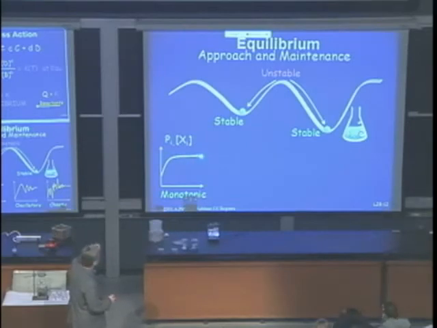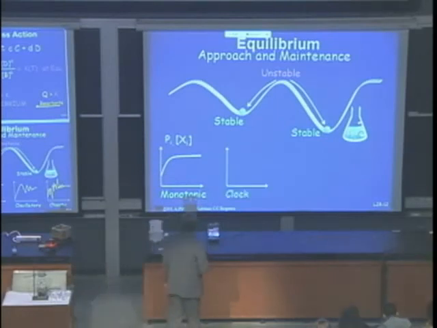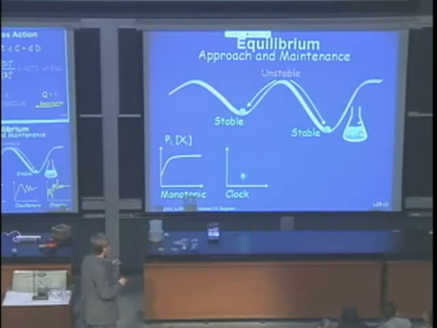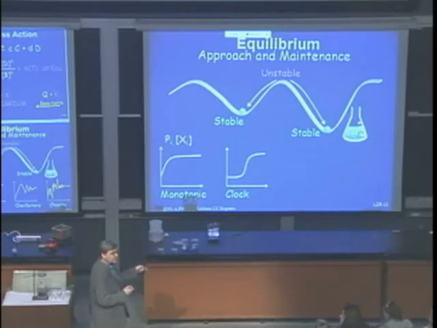So then the concentration doesn't change anymore, and this was essentially the reaction we just discussed. We could also have a clock reaction, where first it doesn't do anything, and suddenly it goes up, and it goes into equilibrium, and then doesn't change anymore.